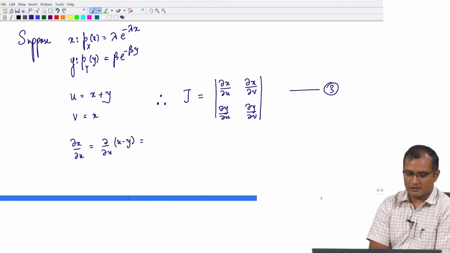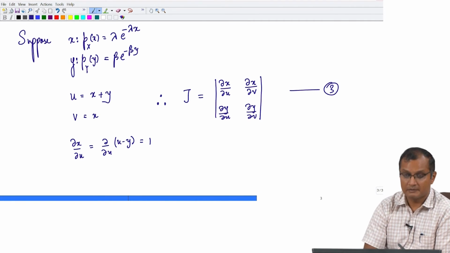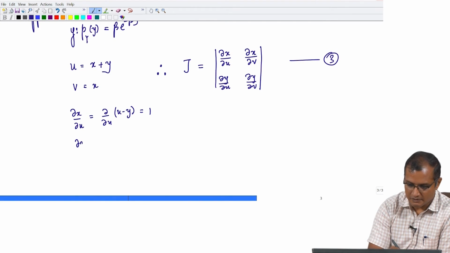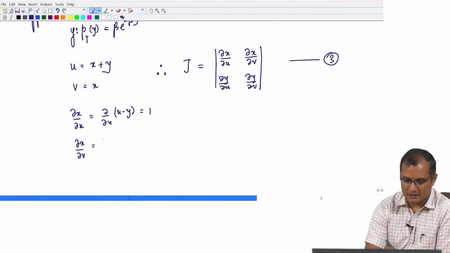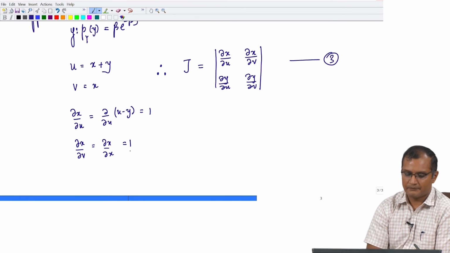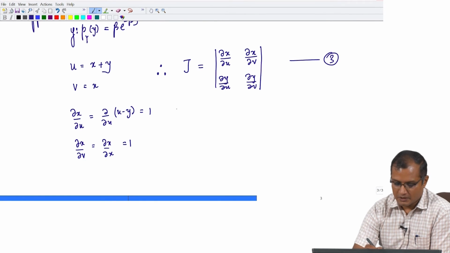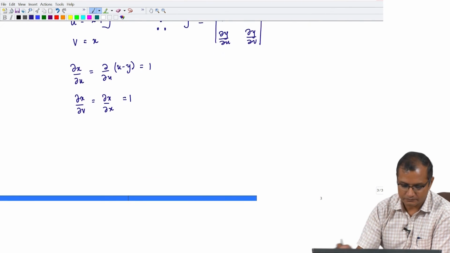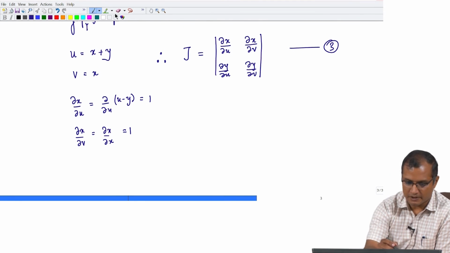So, this is just 1, and dx over dv is nothing but dx over dx, because v is equal to x. So, that is 1.